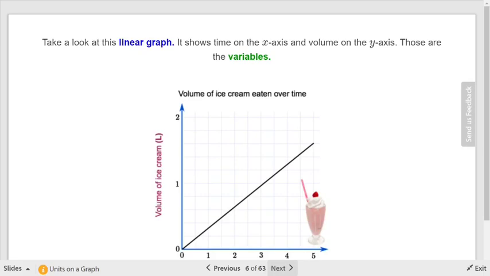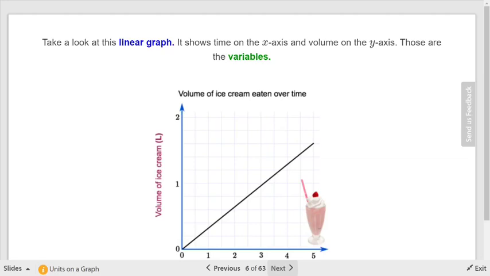Take a look at this linear graph. It shows time on the x-axis and volume on the y. These are the variables. Remember, we introduced that idea of variable. What does a variable mean? Letter. It's the letters, but why are they called variables? Because they vary. Because they vary, exactly, right?